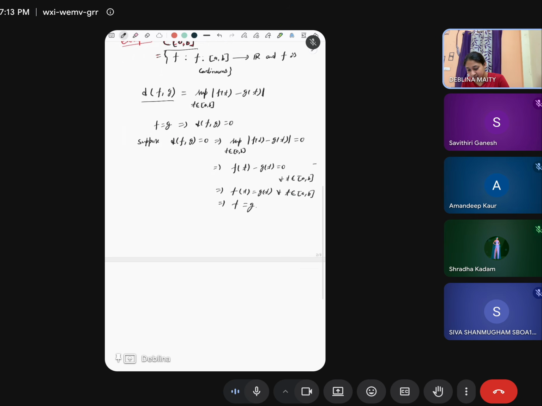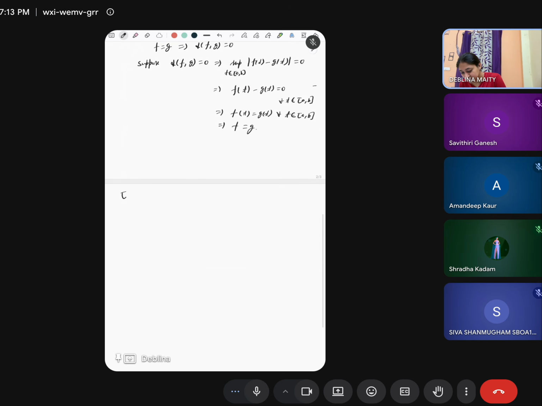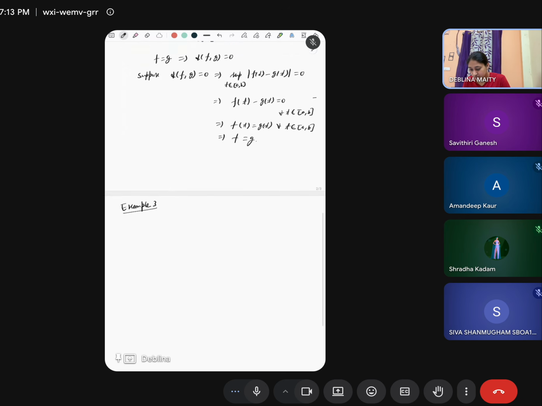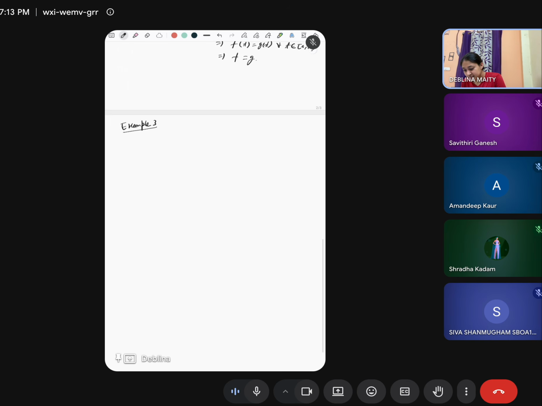Now let's take another example, which is the discrete metric. So for the discrete metric, let X be any set, and we define the distance d from X cross X to R by d(x,y) equals 0 if x equals y, and 1 if x not equals y.